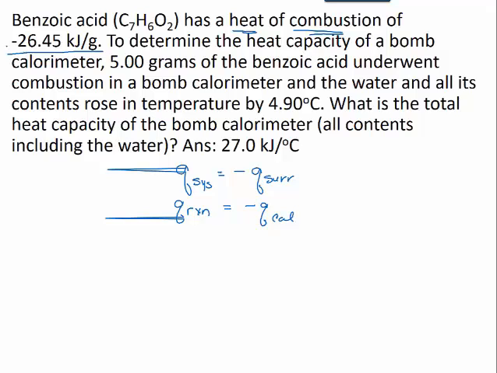But I don't want to put in a negative 26.45 kilojoules because that's per gram. How many grams am I actually doing here? I'm actually doing it for 5 grams. So to get the Q of the reaction, I'll take the negative 26.45 kilojoules per gram, and I will multiply by how many grams I have.